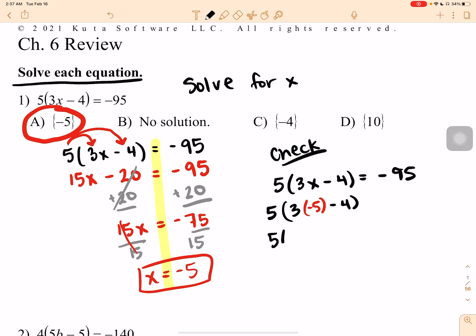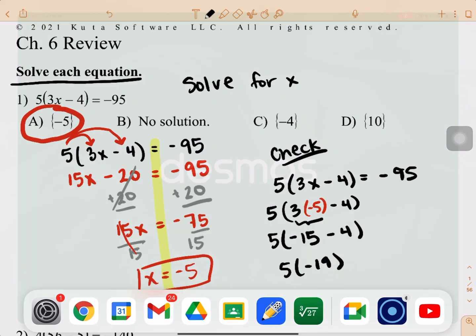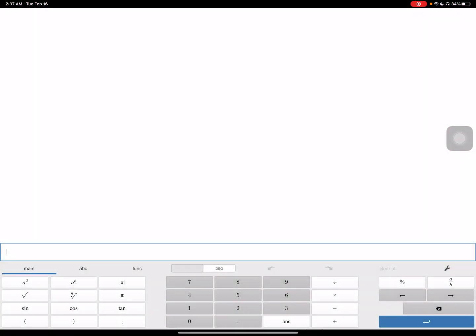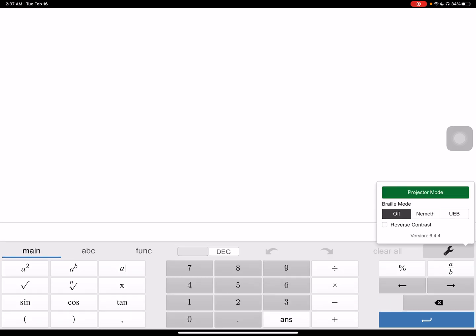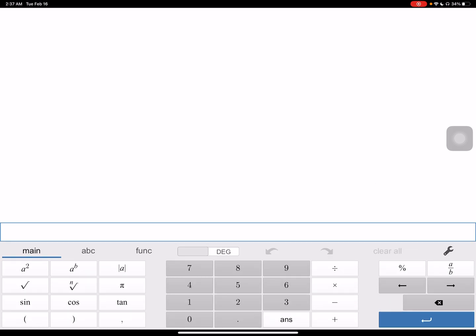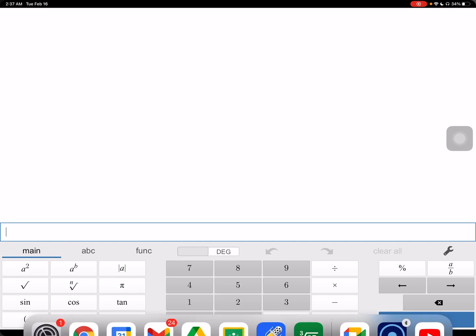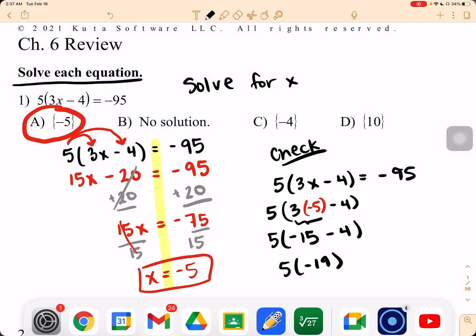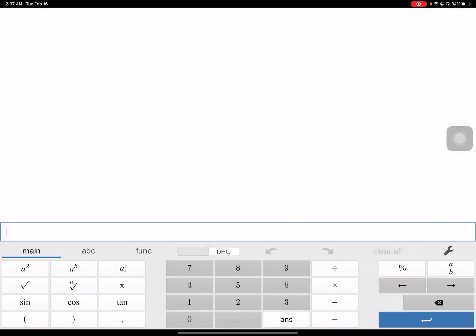So here I have 5 times 3 times negative 5 is negative 15, minus 4, so 5 times negative 19. And I would highly recommend that you always have your Desmos calculator open and ready for you. It's the scientific calculator. I can do a lot of the stuff in my head, but I always want you guys to check your work here, okay? So here, 5 times negative 19.